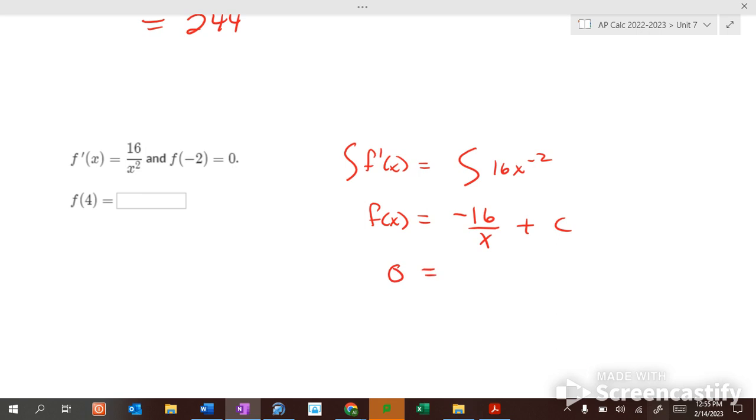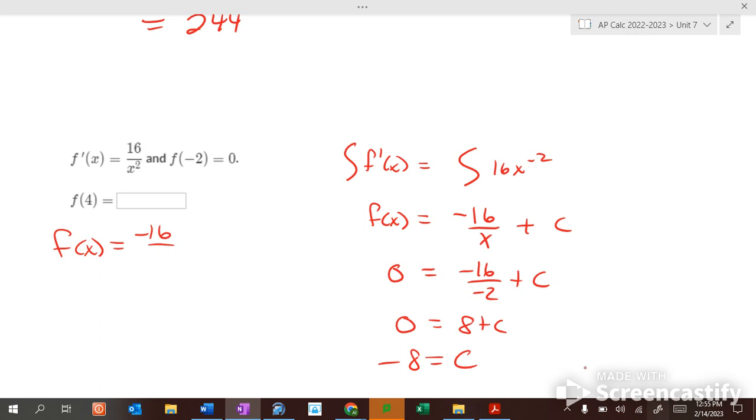So 0 equals negative 16 over negative 2 plus c. So 0 equals 8 plus c. So c equals negative 8. So f of x equals negative 16 over x minus 8. If you put a 4 in there, f of 4 equals negative 16 over 4 minus 8, which equals negative 4 minus 8, which equals negative 12.